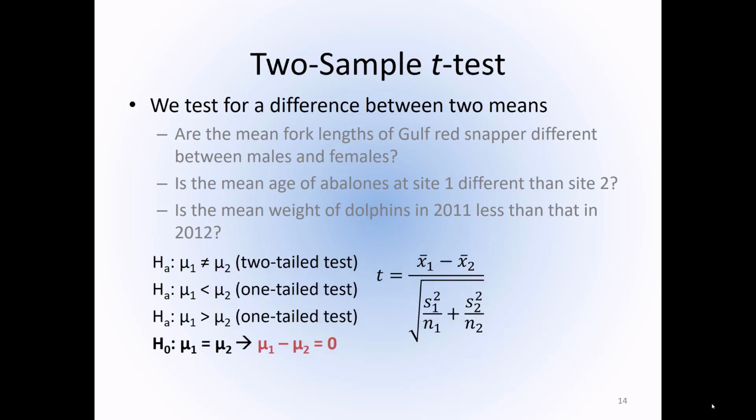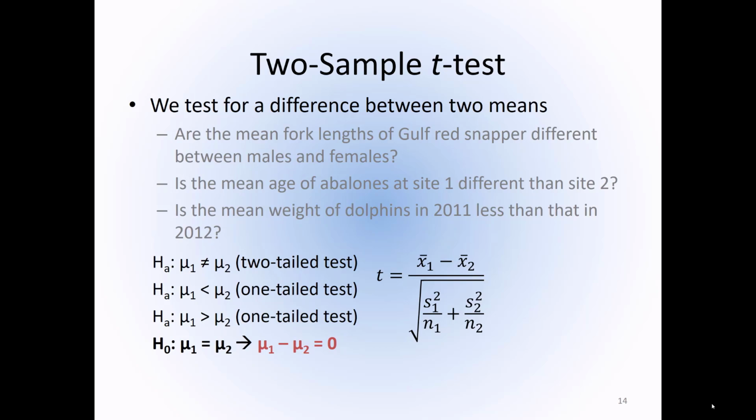Our formula for this two-sample t-test is as follows. It's the difference between our two sample means divided by the square root of the variance divided by the sample size for each one of our respective samples. We take the summation of them before we take the square root, following order of operations.